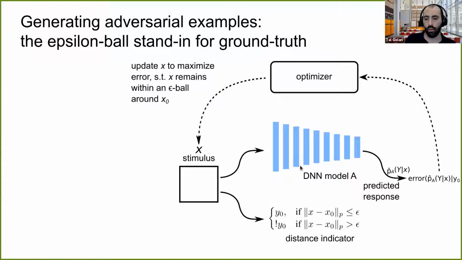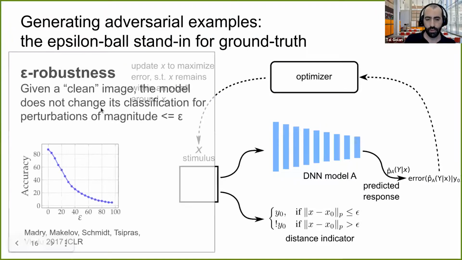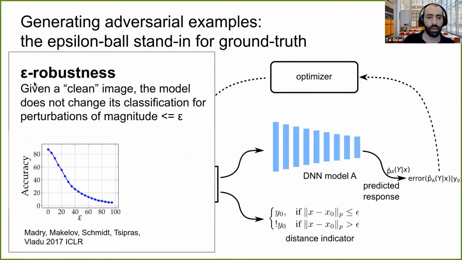We use this heuristic, and we don't make any assumption about the ground truth outside the ball. So we just search within the ball for images for which the model disagrees with this ground truth stand-in. If we run this optimization and we cannot find images that cause this kind of disagreement, then we would say that this model is epsilon robust. This is an informal definition of epsilon robustness.